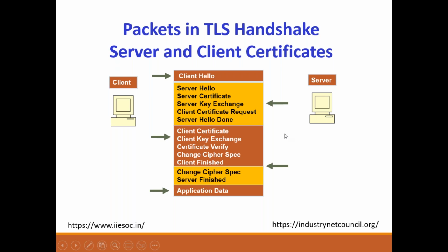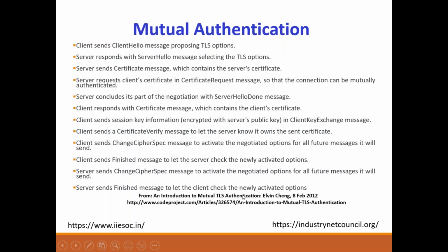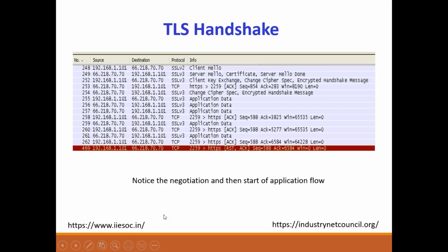I've never understood how it's okay to send a zero length certificate when you've asked for one. But in any case, there we are. So it's a more complicated handshake. Here's some more to let you know about mutual authentication. We'll be talking only about server authentication in our case right now.